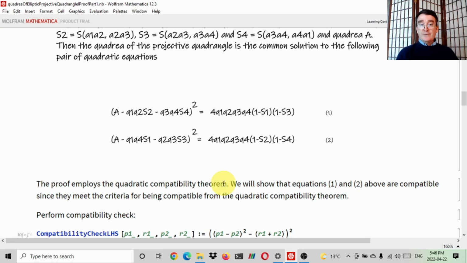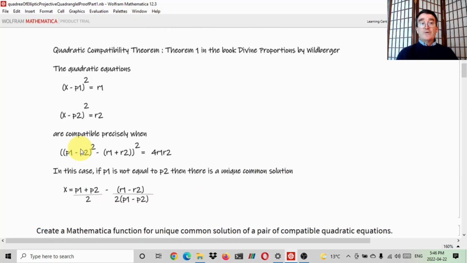They are compatible when this statement is true: the left-hand side equals the right-hand side. So P1 minus P2 squared minus R1 plus R2, all of that squared, when that is equal to 4 times R1 times R2, then these two quadratic equations are compatible. And that's what we'll show.